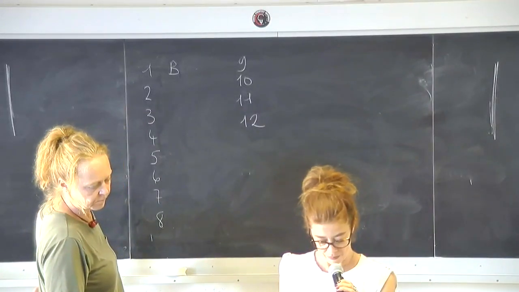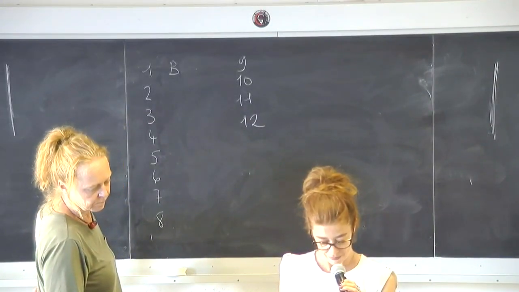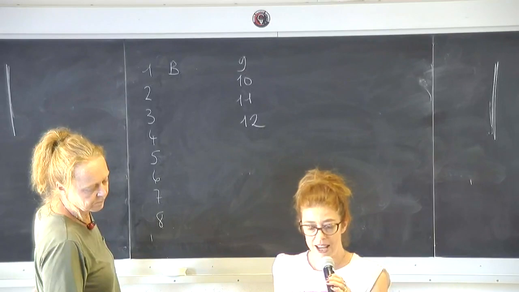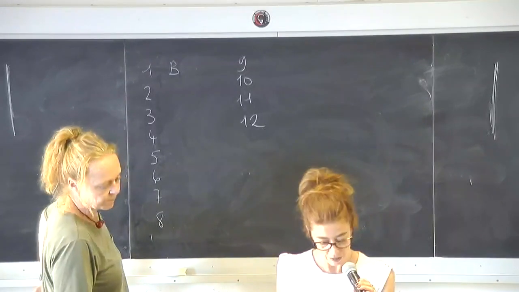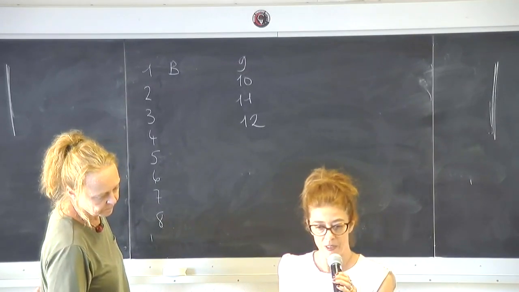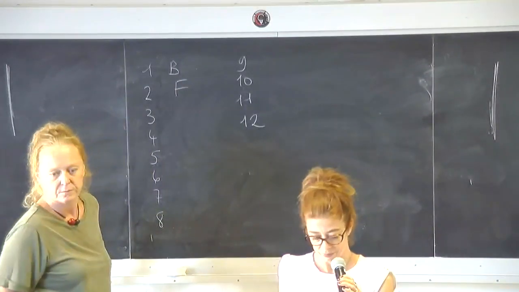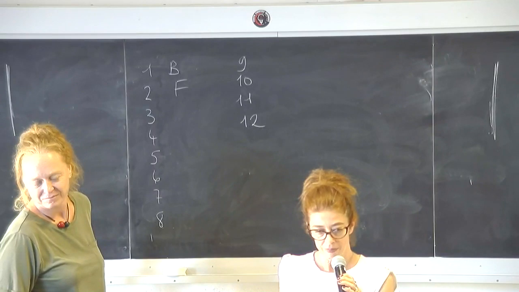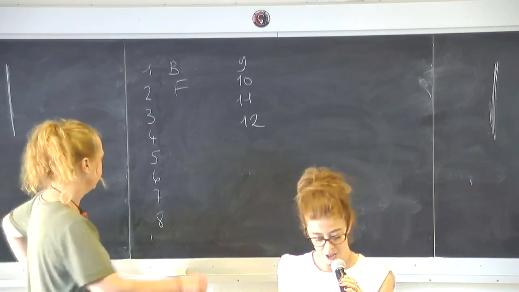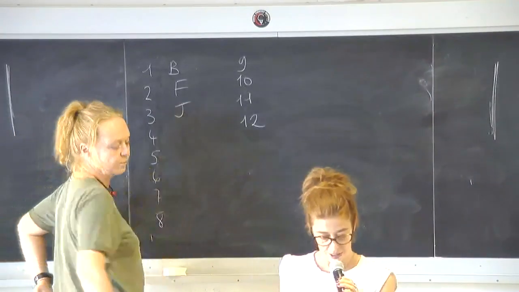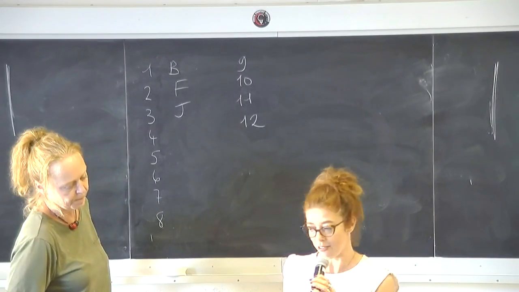Number 2. Yeah, I would say F. I would say the date. Yeah, the date. Number 3. J. Good. J. Yes. So the recipients.